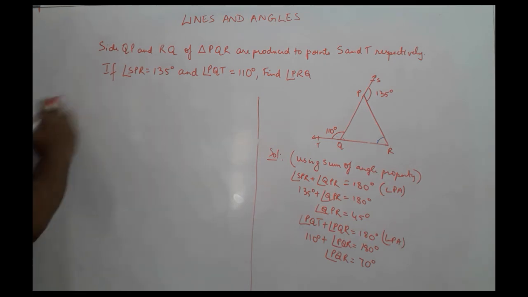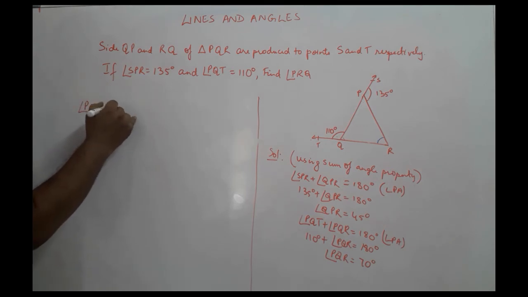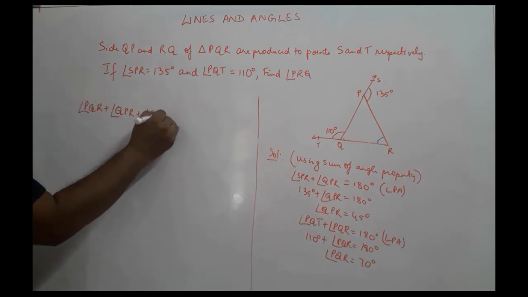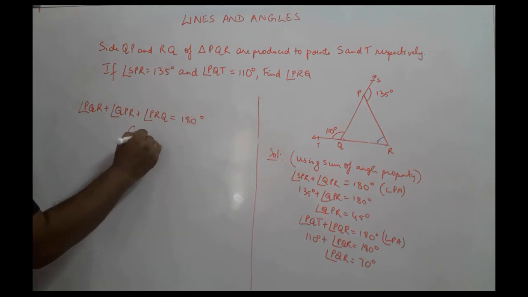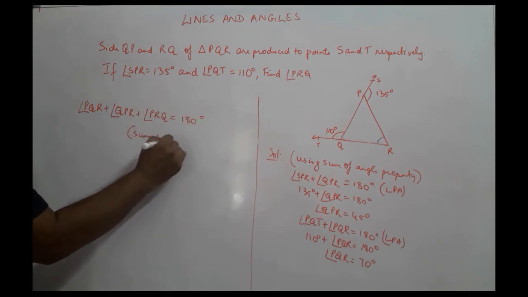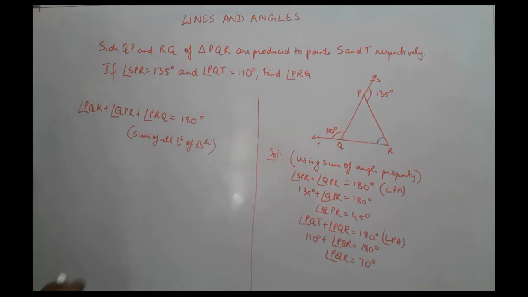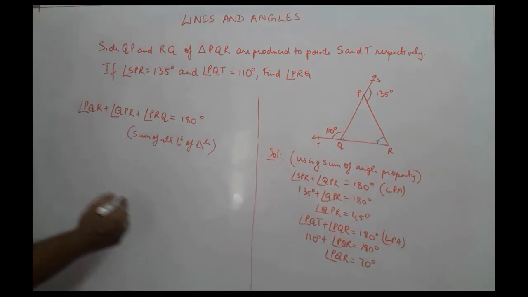I'll erase this solution part as well, and we can say angle PQR plus angle QPR plus angle PRQ, everything is equal to 180 degrees, the sum of all angles of a triangle. This plus this plus this angle is equal to 180 degrees.